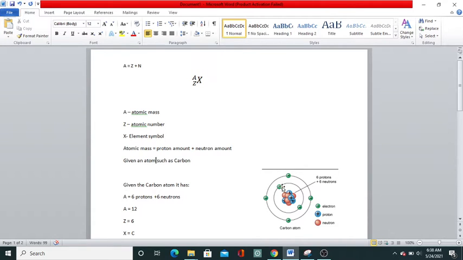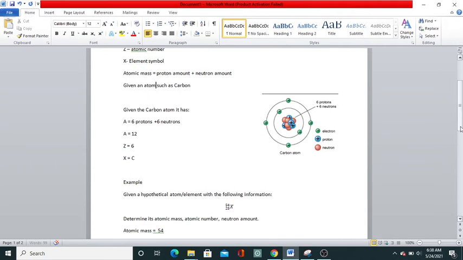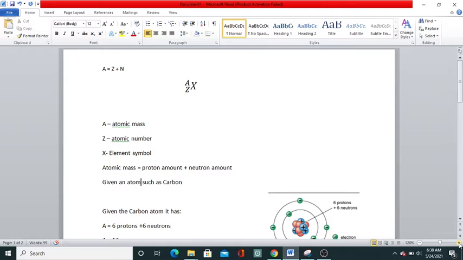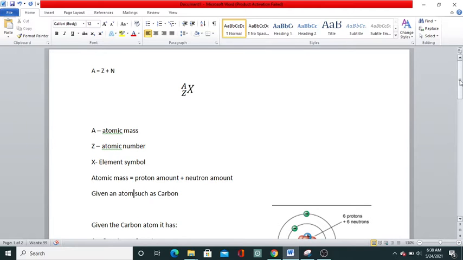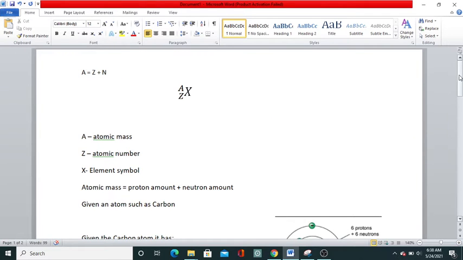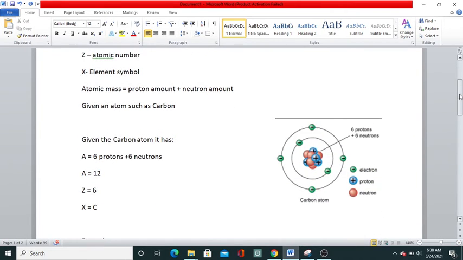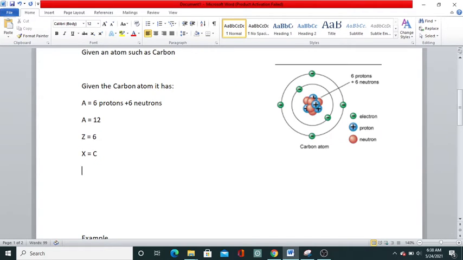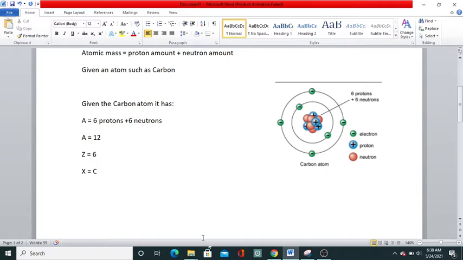such as carbon, here we see carbon. Let me expand this out a little bit more. There we go, a little bit bigger. Okay, so you can see from here that the element or atom carbon, from the diagram, should be drawn with the shells and the nucleus inside.